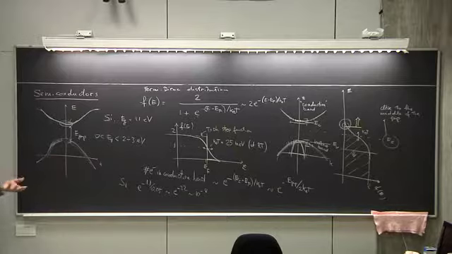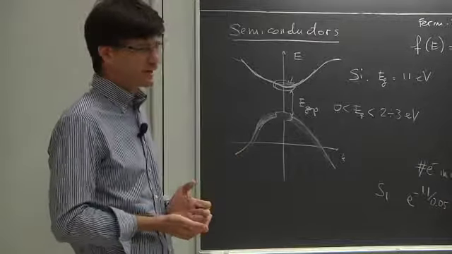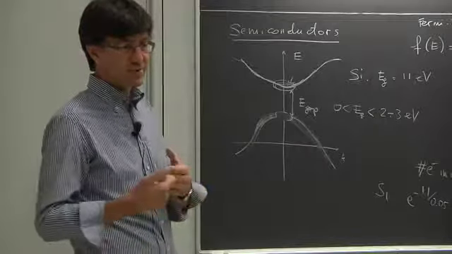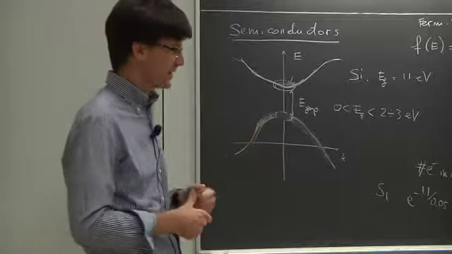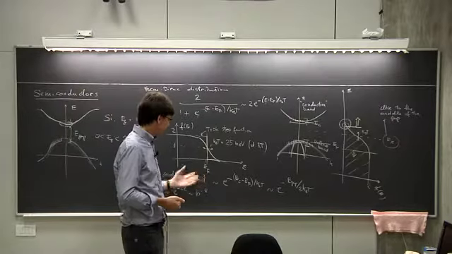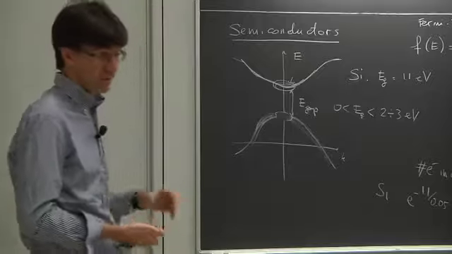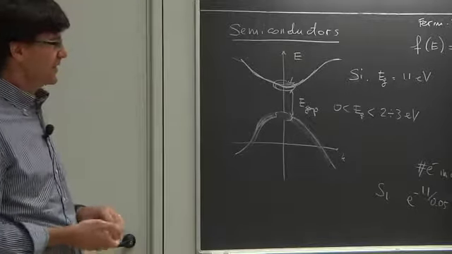Current electronics is based on the ability of materials to change the conductivity due to external perturbation, whether it is temperature, whether it is an external field, whether it is something else. The fact that the conductivity of these materials is extremely sensitive to, for example, temperature made them at that time extremely interesting.